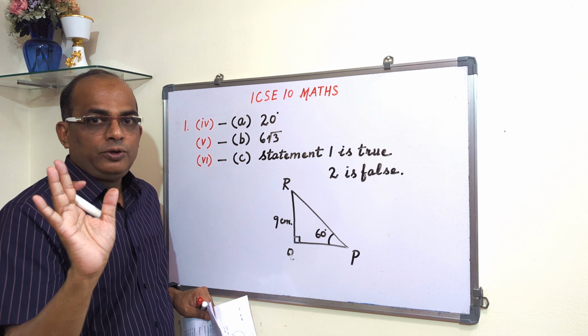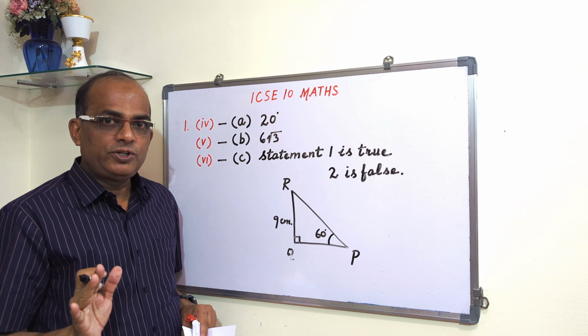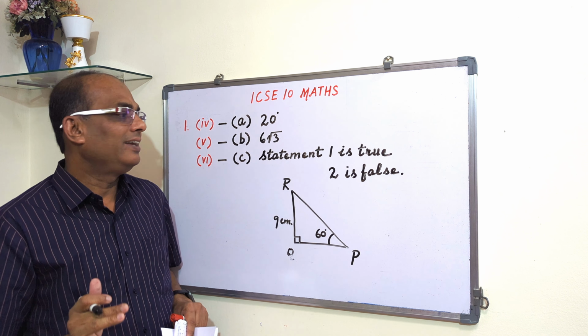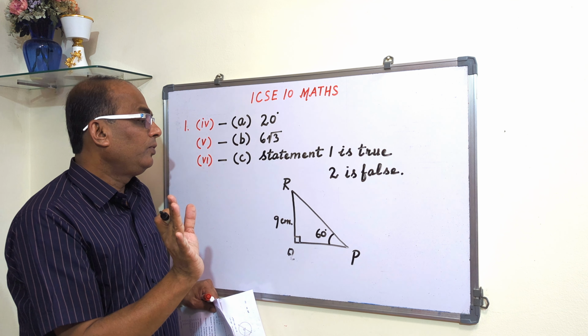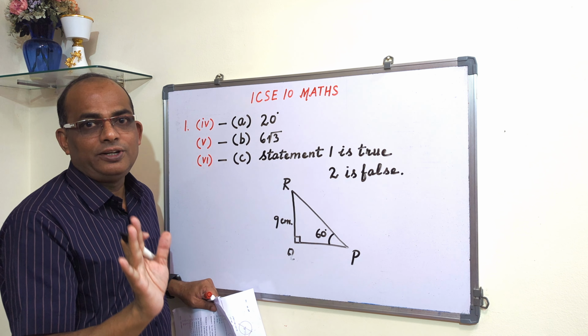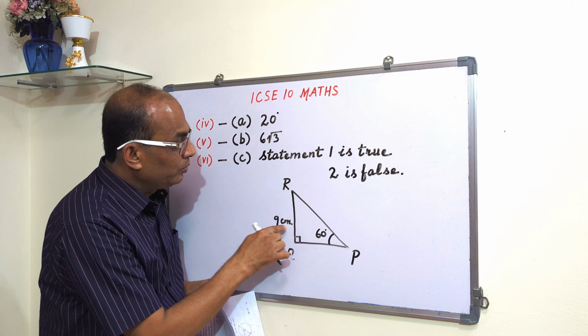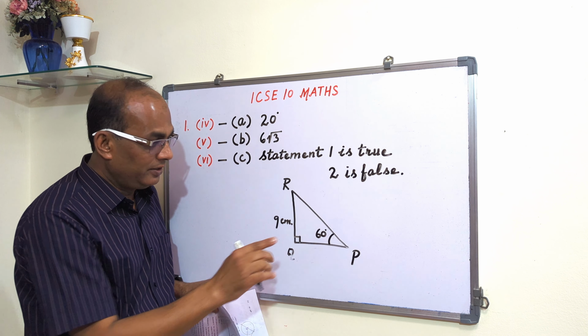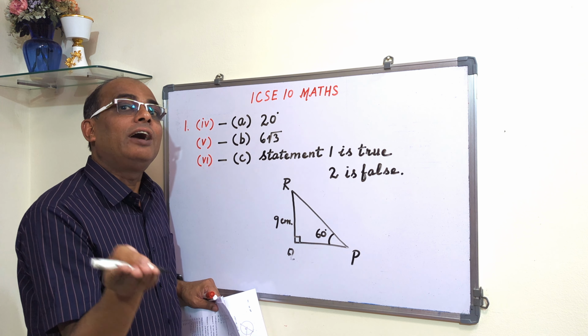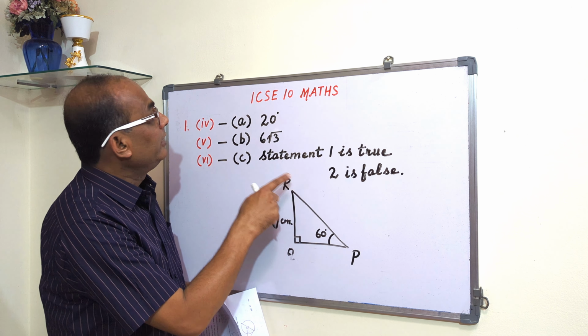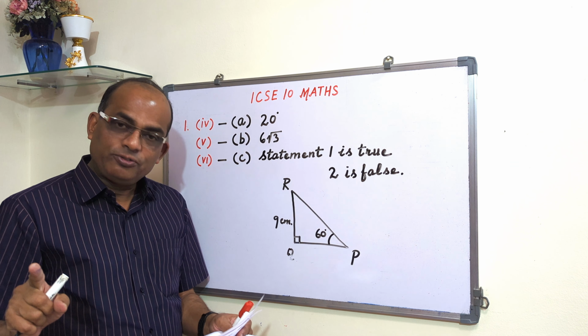Now, you know those trigonometric ratios: sine theta, cos theta, and tan theta. So from there, we have to go with the trigonometric ratio in which the two known elements are there and the third one is what we have to find out. We have to find out PR.